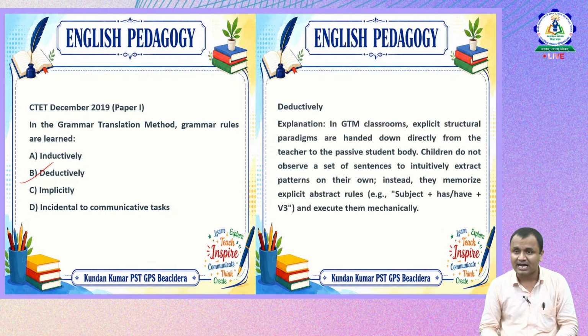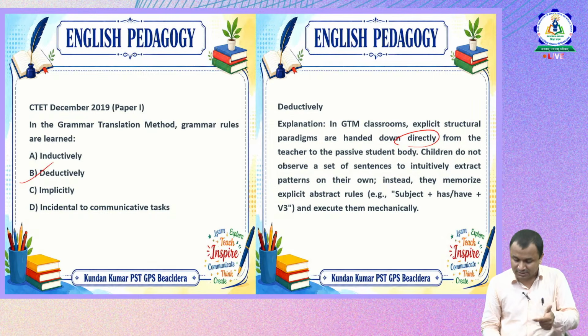So in a GTM classroom, explicit structural paradigms are handed down directly from the teacher to the passive student. Children do not observe a set of sentences to intuitively extract patterns on their own. Instead, they memorize explicit abstract rules.